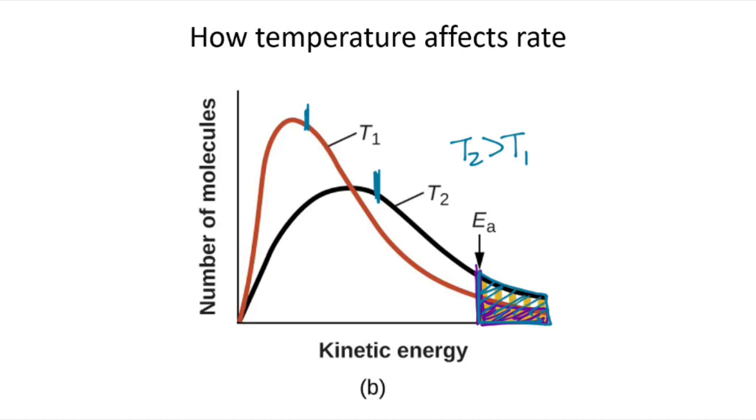So the area for temperature 2, the number of molecules that have the right energy, is greater for temperature 2 than temperature 1. And so thinking about what the molecules are doing and the fact that they're able to make more and harder collisions at higher temperature helps us understand why the reaction is going to be faster at a higher temperature.